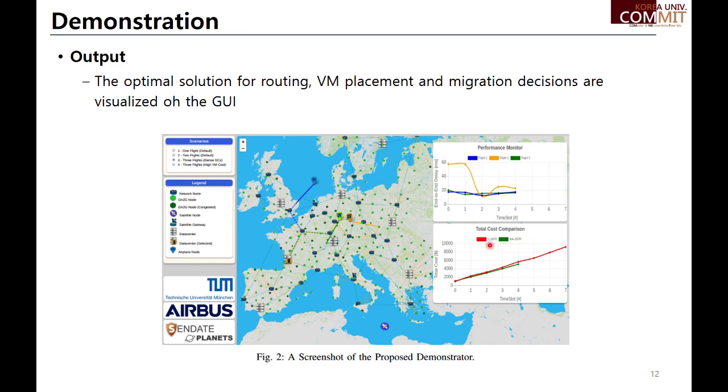And compared to S-JSPR, as you see, by varying time slots, the total cost of MA-JSPR is lower than S-JSPR in all time slots. And total cost is in dollars.